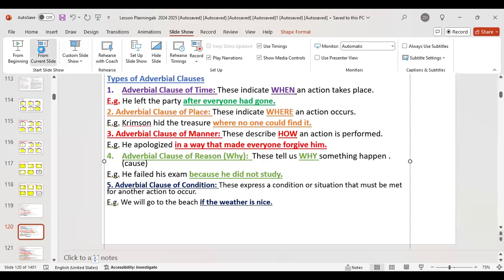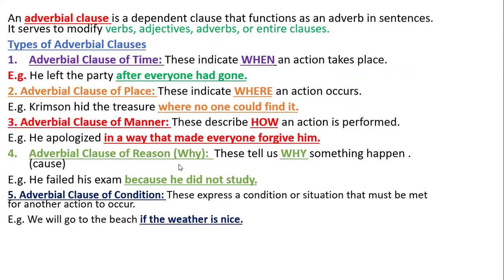Go ahead, read the example, Rashad. Example, we will go to the beach if the weather is nice. Very good. So what is the adverbial clause in this one? If the weather is nice. Very good. So that's the condition that must be met in order for what? In order for the action to happen.